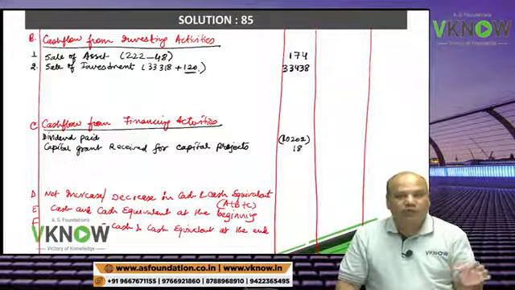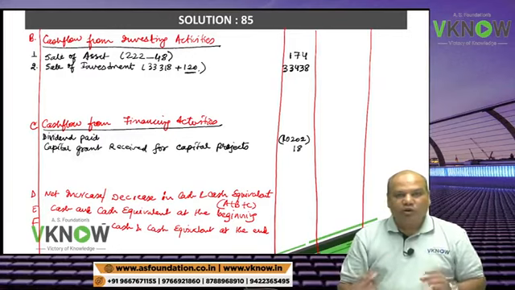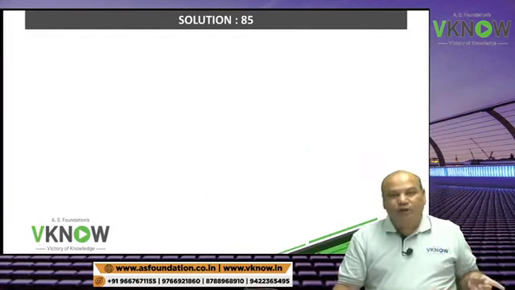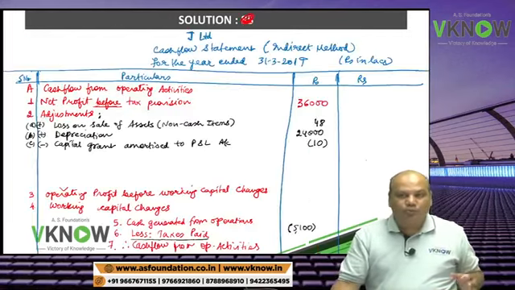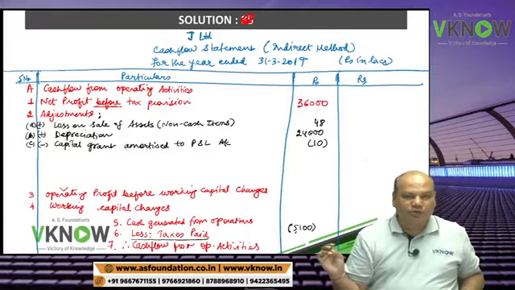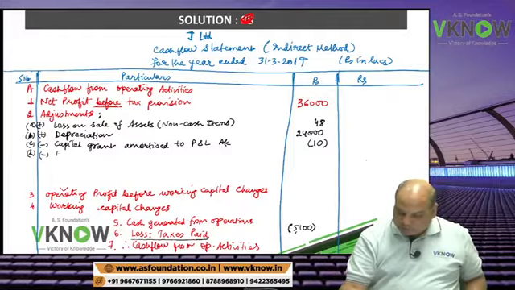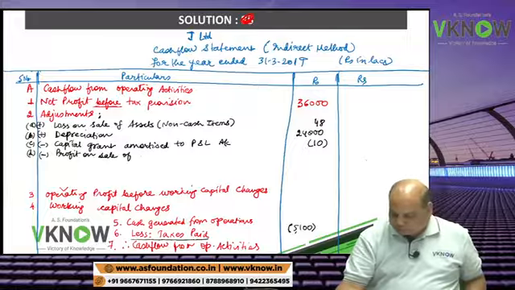Profit on sale of investment is credited to P&L account. It's a non-cash item credited to P&L account. So profit will go up, but cash flow will not change. So we are going to write in adjustment point number A2 under that D less profit on sale of investment.